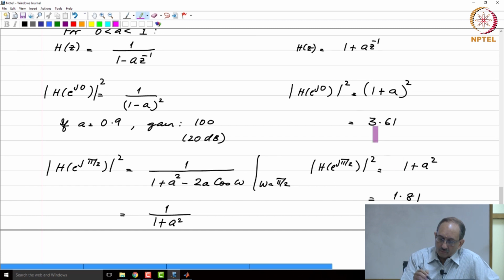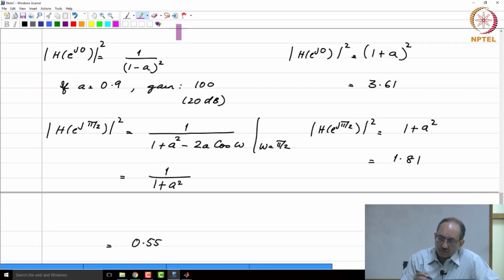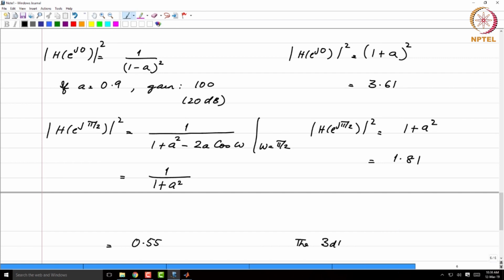Therefore, the 3 dB bandwidth is pi by 2, because at pi by 2 the magnitude squared has dropped by half.